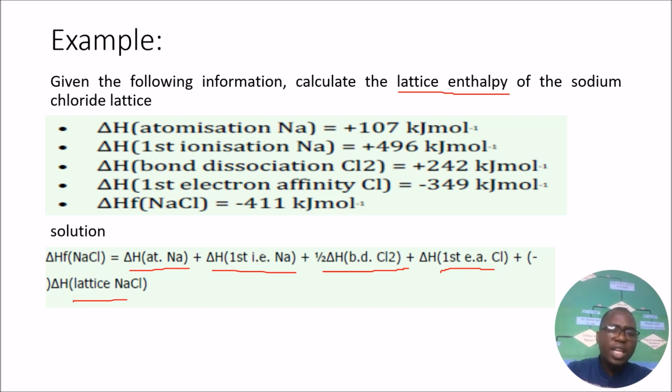Now, the secret here, ladies and gentlemen, is where you are starting from. They've told you that it's sodium chloride. So you know that sodium chloride is a product of Na plus Cl2. Now, remember what I said. This part, you know that when it is ionized, ionization is the final step for the metal side. So when this one is ionized, it is going to end up as Na+.